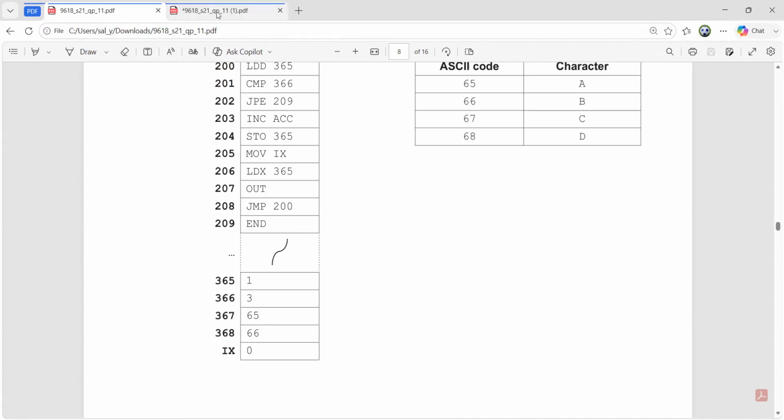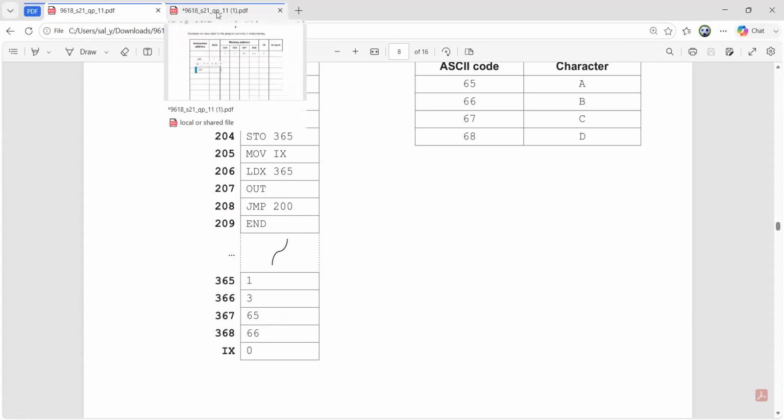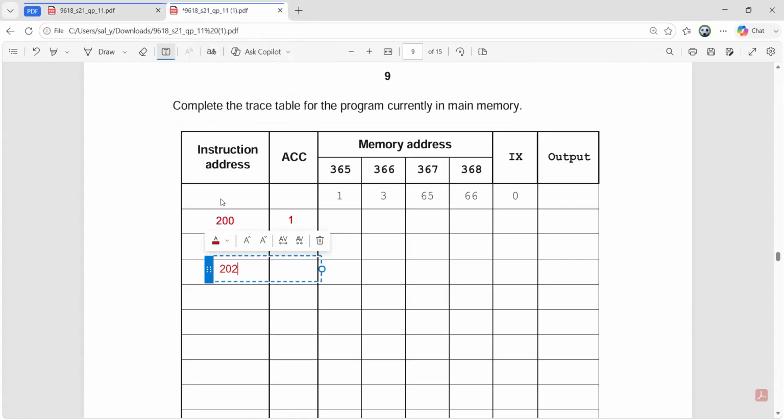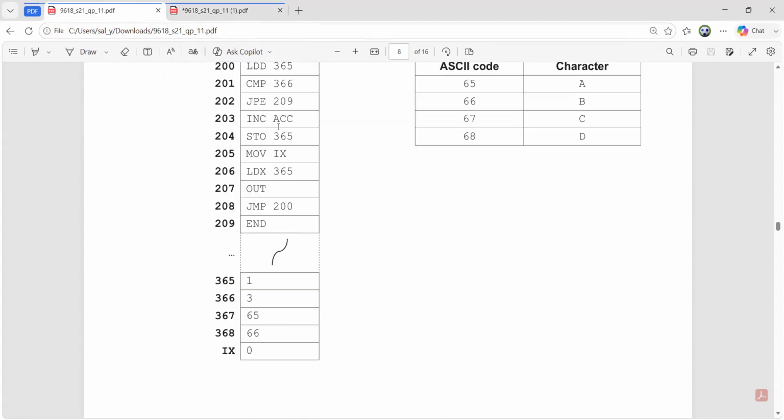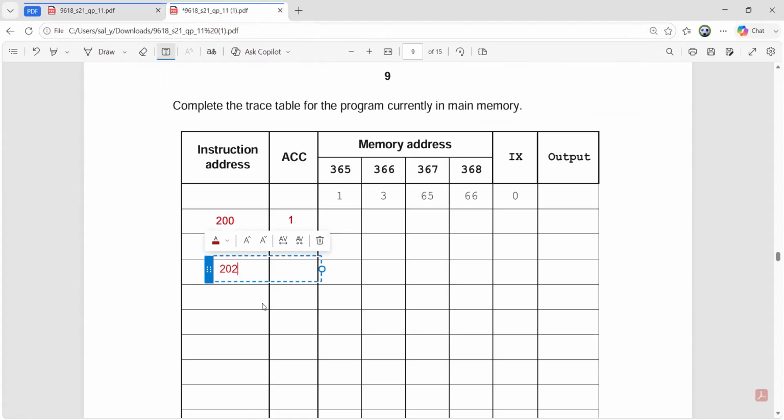Since the contents of ACC and 366 are different, we will simply move to the address 202, but nothing is going to happen. This instruction will not be executed as such. There will be only the movement to the next instruction. As you can see, that will be 203. I hope that is very clear. 202 will be written, but nothing is going to happen, and the next instruction will be 203.